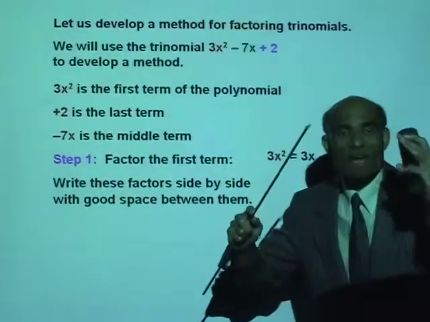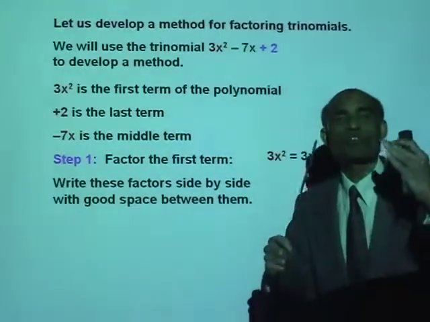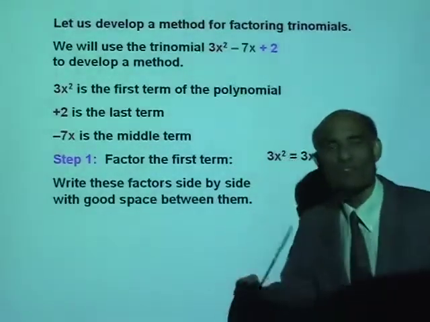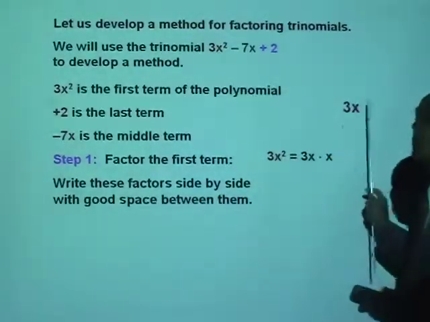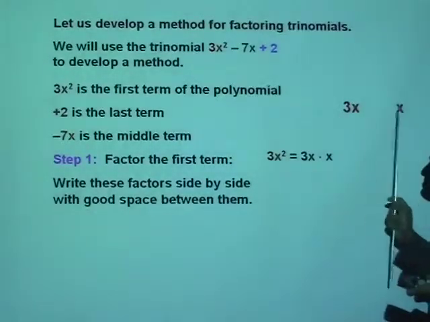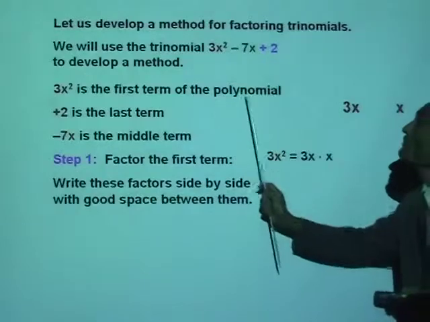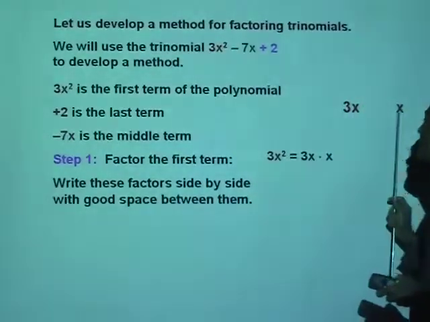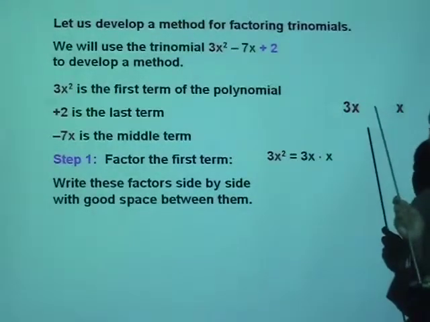I'm going to develop a method that you can follow in factoring any trinomial. Try and follow this method. So 3x and x are the two factors of the first term 3x squared. Write them side by side like this.